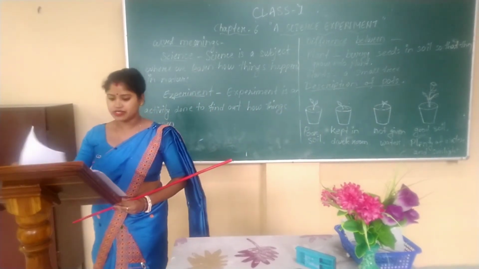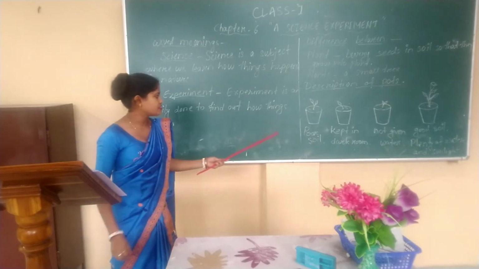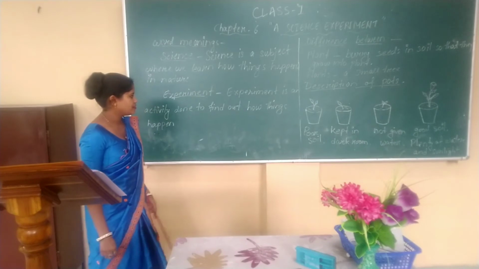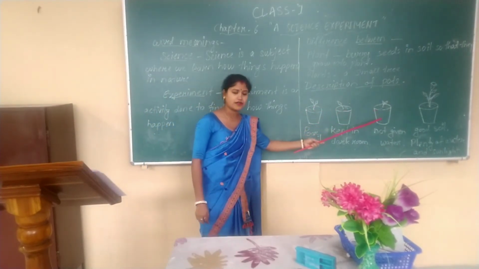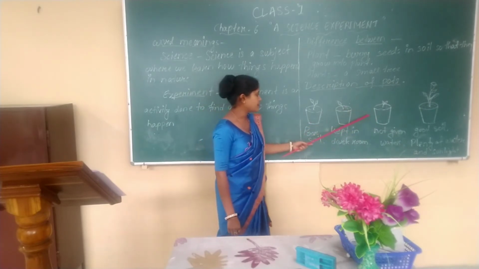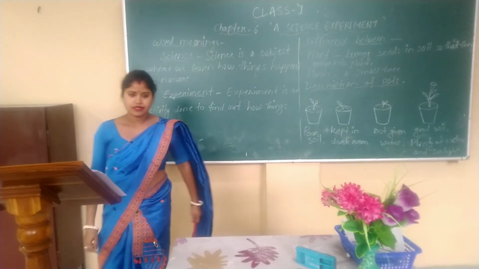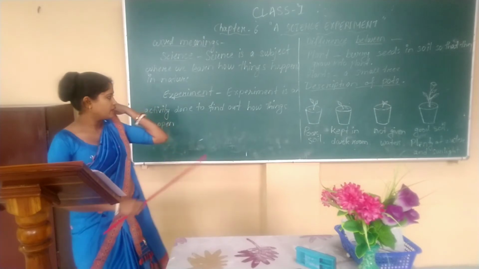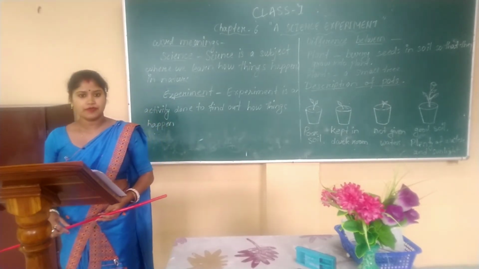So students, have you noticed the difference between the 4 pots? Yes. The plants of the first, second and third pot are quite weak than the 4th pot. Why? Can you say? The first pot has poor soil, so it cannot prepare food properly.